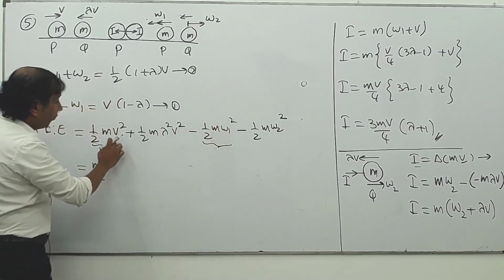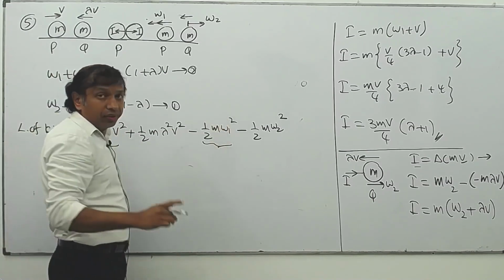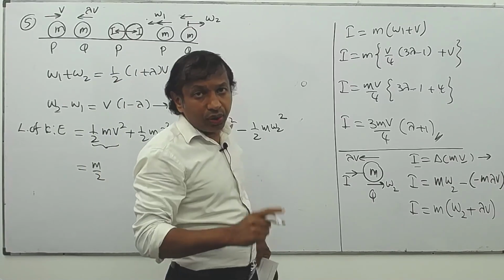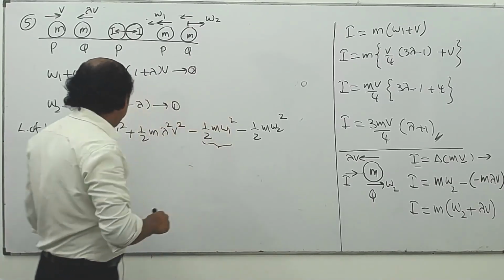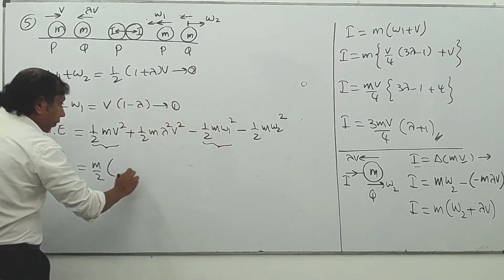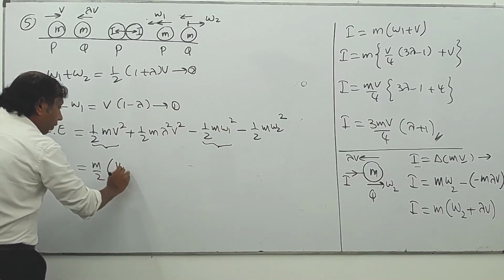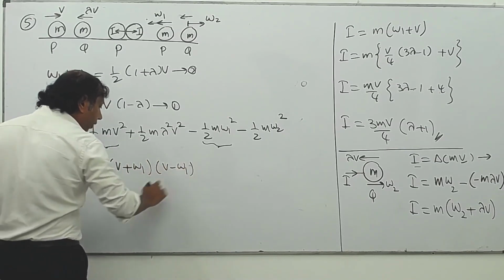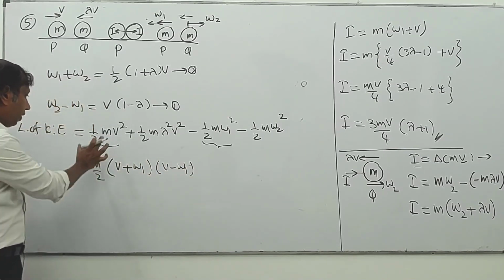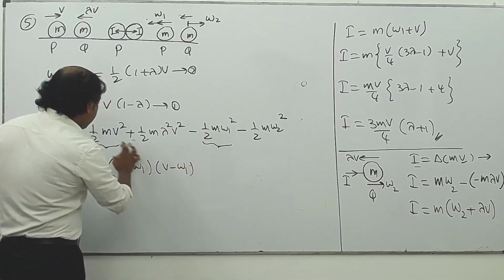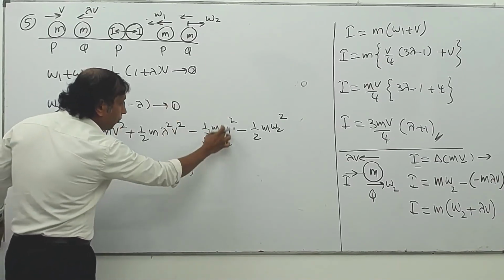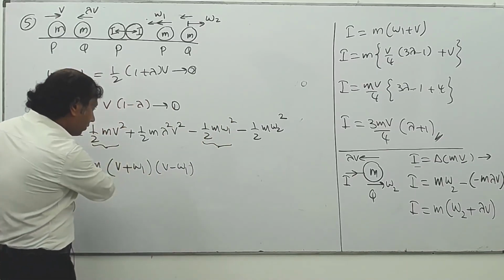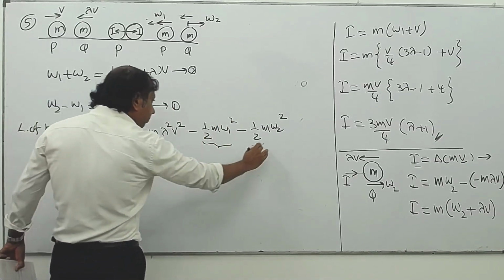This we can factorize: v plus w1 times v minus w1. I took half m out, and v squared minus w1 squared is the difference of two squares, which factors like this.